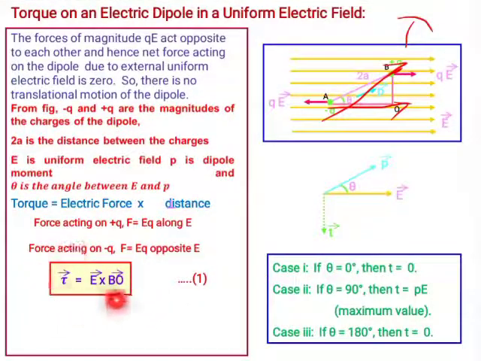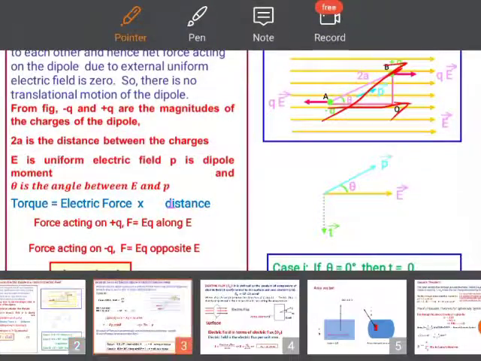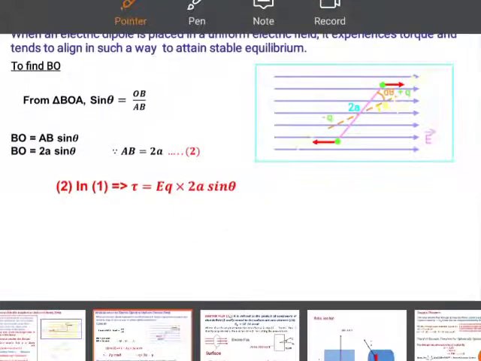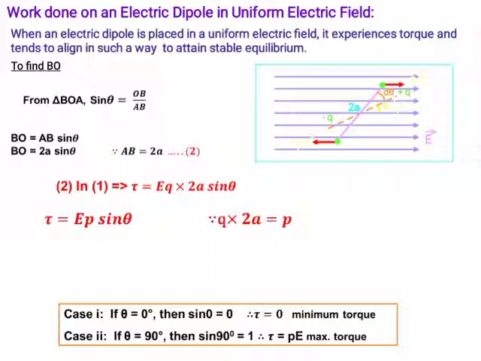Tau is equal to electric force into perpendicular distance. If we substitute equation 2 in this equation, how much will we get here? Tau is equal to EQ, which is the electric force, into the perpendicular distance, that is OB or BO. How much is it? 2A sin theta. Then next step, tau is equal to EP sin theta. Why P here?